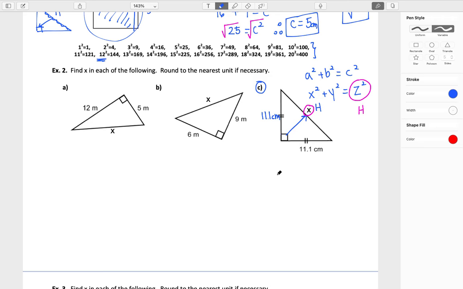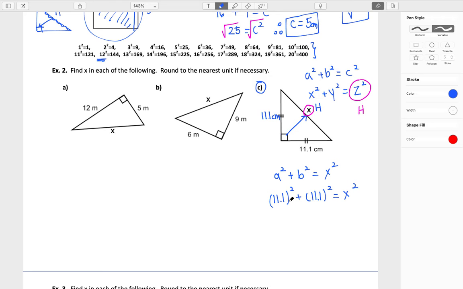Let's say A squared plus B squared equals X squared, knowing that X is the hypotenuse. So A is 11.1 squared plus B, also 11.1 squared, equals X squared.